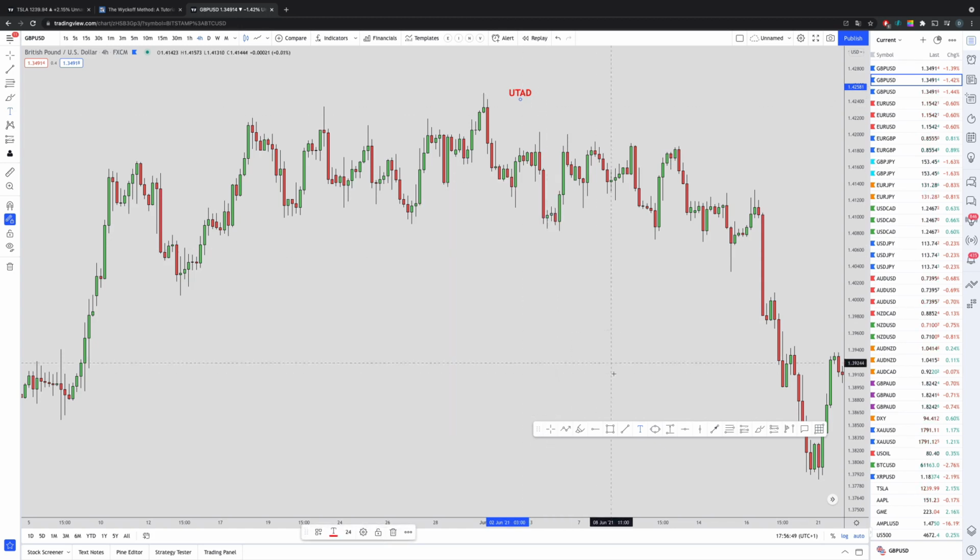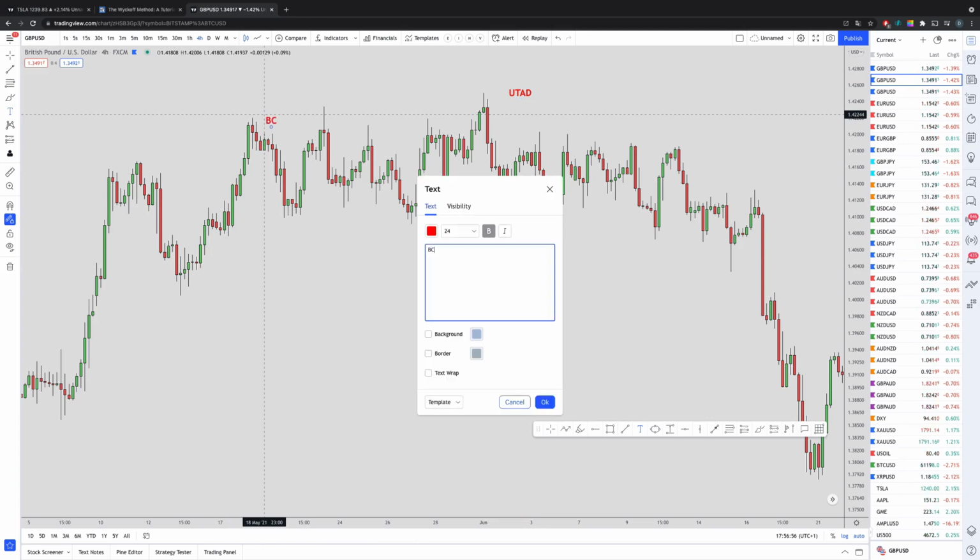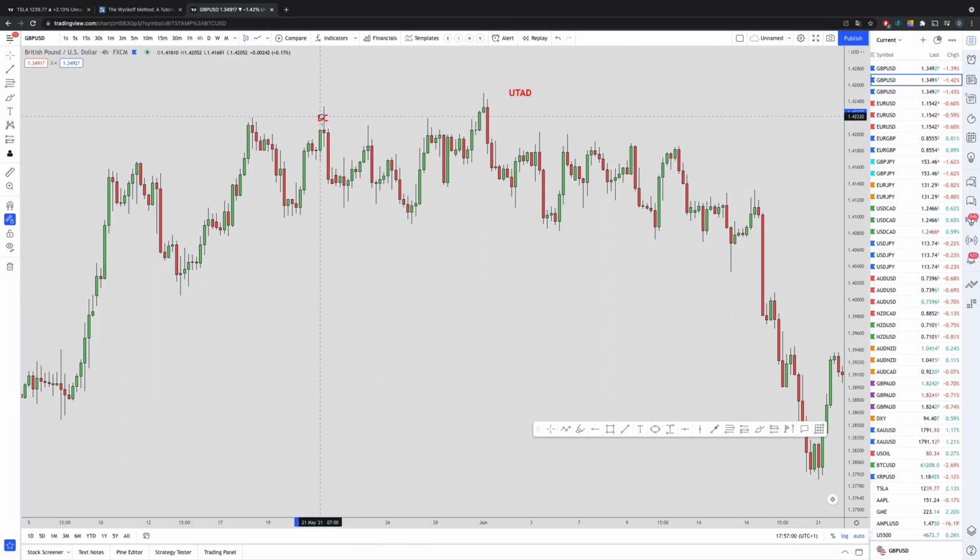Okay, that's your UTAD. Then PSY, you have multiple PSY, but I would choose this to be your BC. This one to be your BC. Dropping price lower, automatic reaction, okay, because you're still in trend.